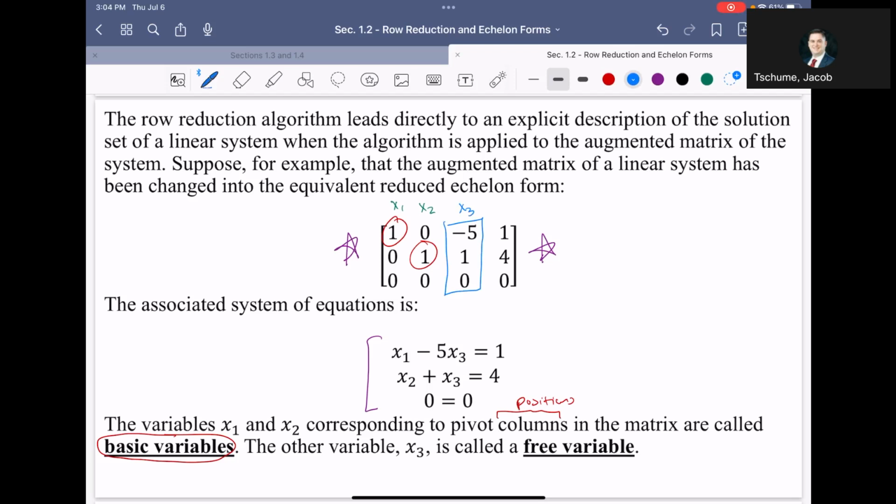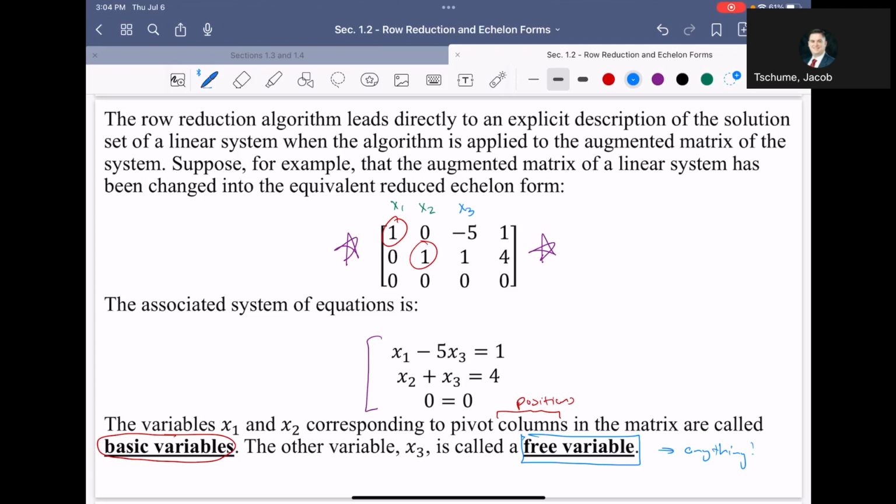All right, -5 and 1. Then when you go down the next row, there is no pivot position in column 3. So that variable we call a free variable, which in linear algebra means this variable can be anything.